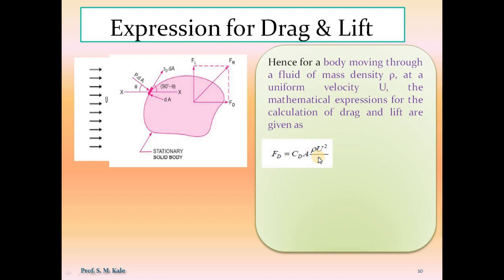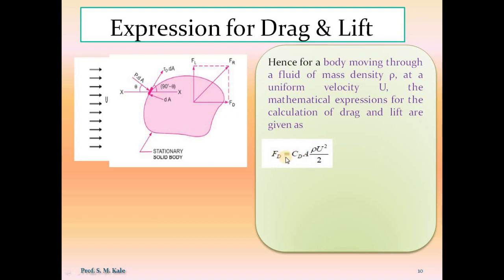That means whatever equation number 1 and equation number 2 we have calculated, the total drag force and total lift force acting on the entire body, were in terms of integrations of P dA sin theta and tau 0 dA cos theta. By further solving those components, finally we will get the equation for drag force.